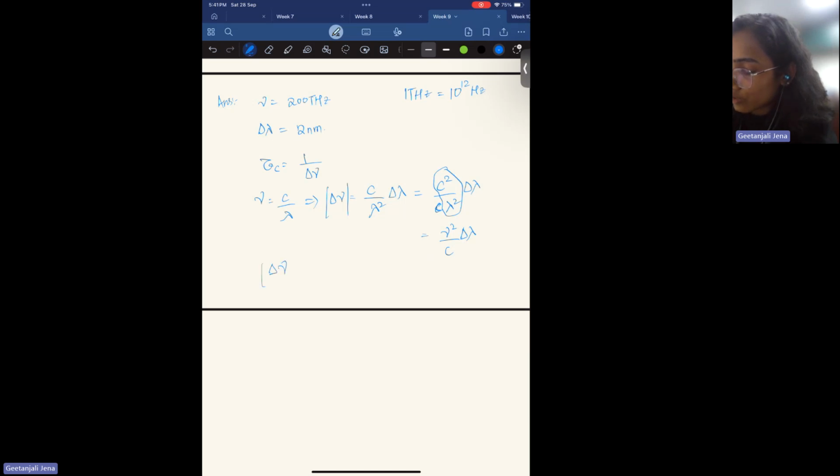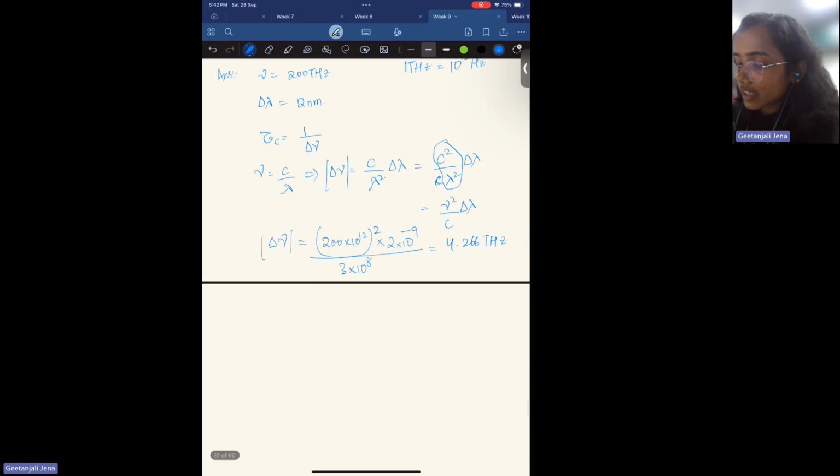So that means delta nu is 200 times 10 to the 12 squared, times 2 nanometer, divided by 3 into 10 to the 8 meter per second. And if you calculate it, it will come around 4.266 terahertz.